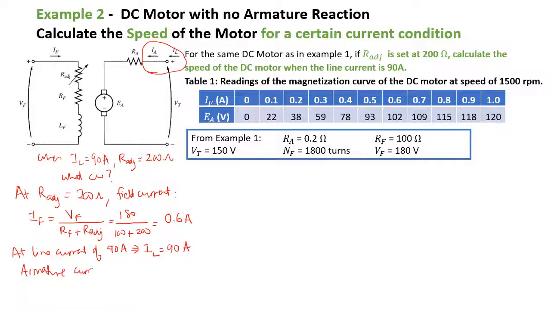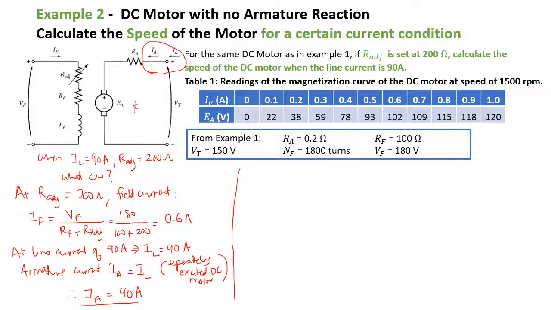The armature current IA is equal to IL. Why? Because this is a separately excited DC machine. That is the difference between separately excited and shunt machines. So when IA equals IL, therefore IA is equal to 90 amperes as well.